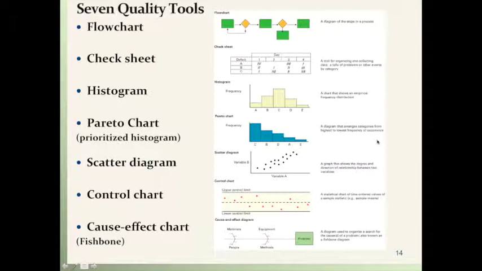Then there's a scatter diagram, and this just shows the relationship between two variables. Sometimes it shows a nice line like this, so you have a linear relationship. Sometimes it's just dots, and then you know that it doesn't mean anything.